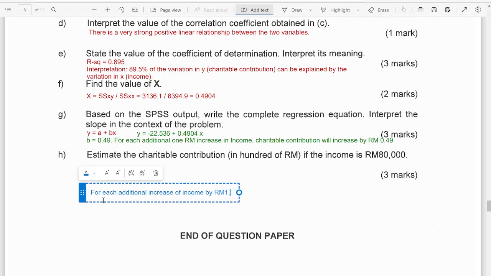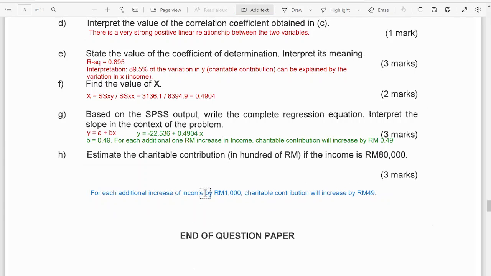RM 1000, charitable contribution will increase by, okay, kita tukar terus 0.49 tu dalam bentuk hundreds, so kita darabkan dengan 2, so kita dapat RM 49 ringgit.